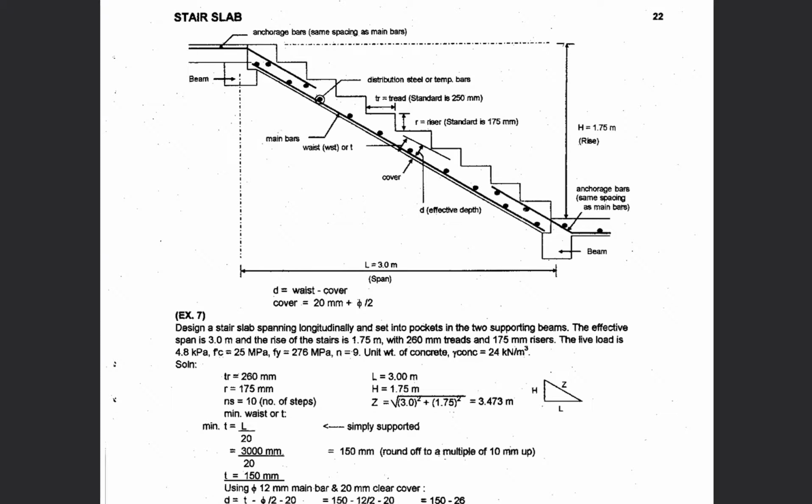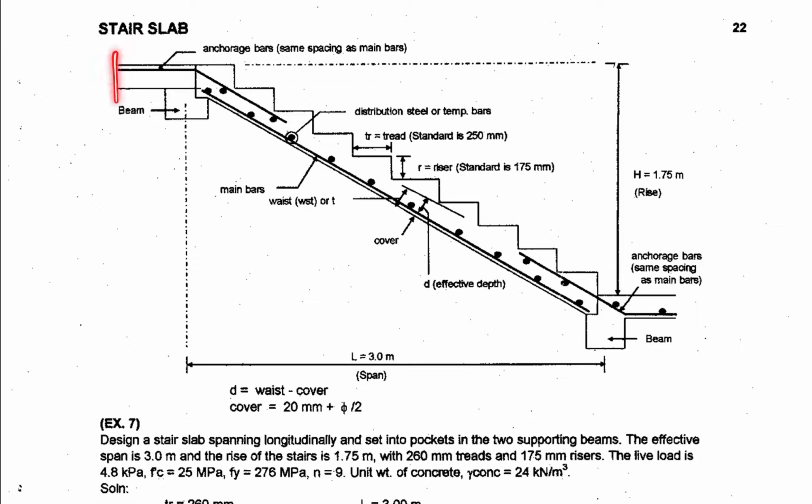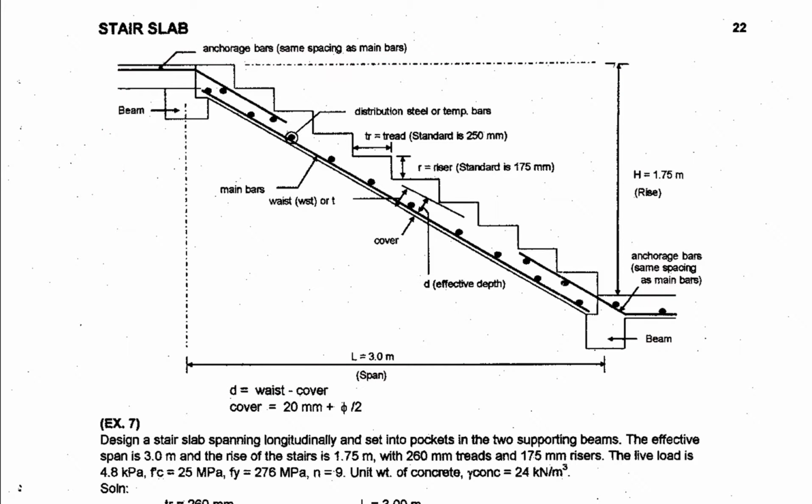Okay, class, good afternoon. So, for now, let's have the stair slab. As you can see, you have there the section of the stairs with corresponding reinforcement and thickness of the stair slab.